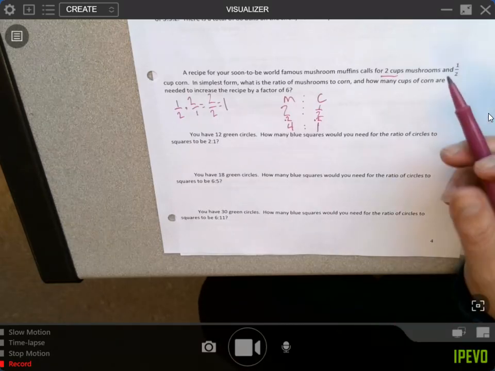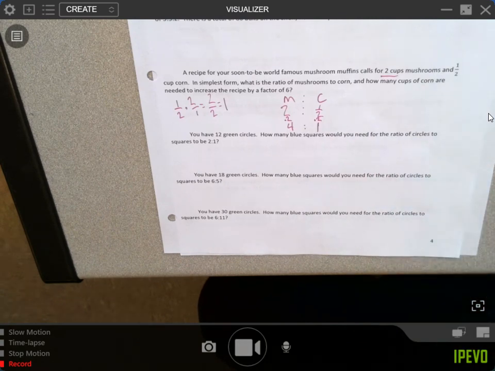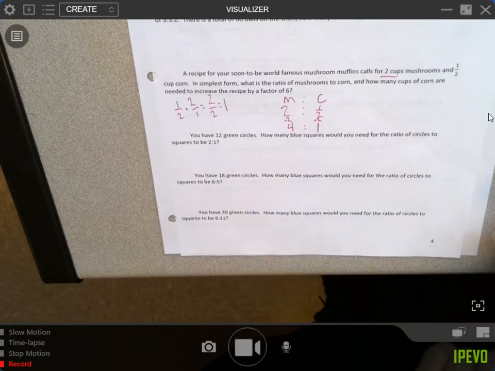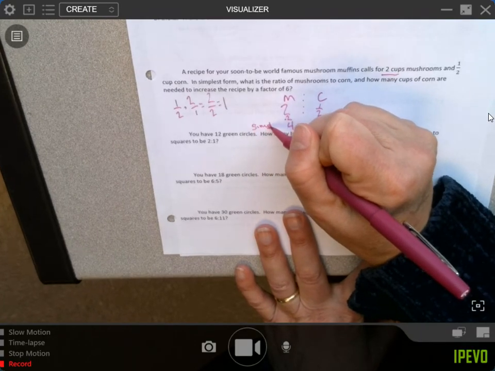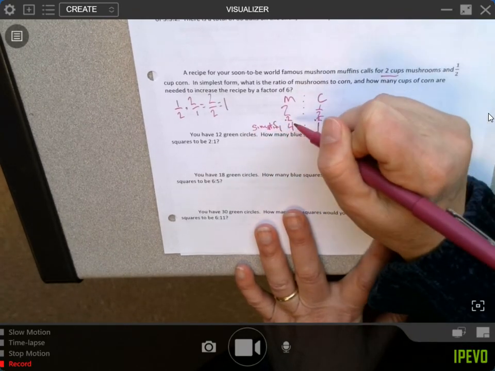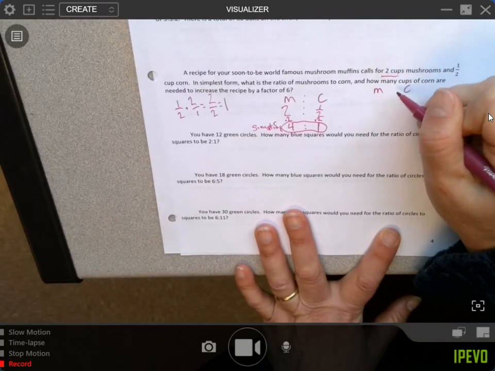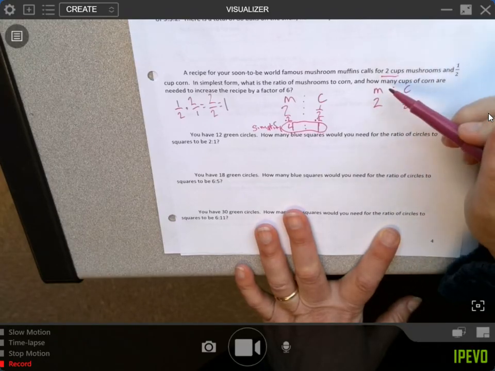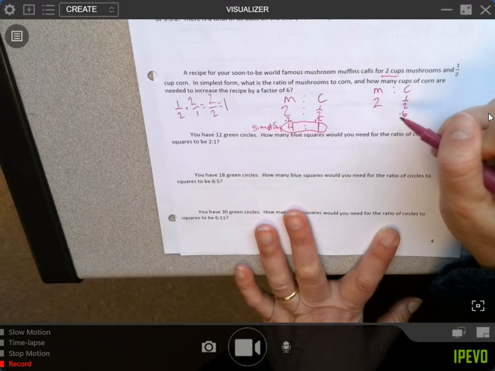So now, it says how many cups of corn are needed to increase the recipe by a factor of 6. So this is the simplified. Now I have that same mushrooms to corn, 2 to a half. And it says how many cups of corn are needed to increase by a scale factor of 6.